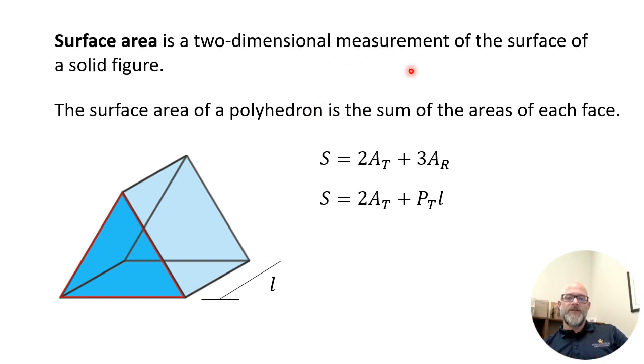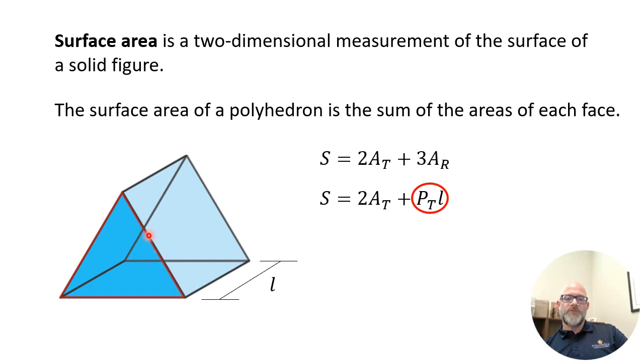Surface area is still the area of 2 triangles. 2 A sub t means 2 areas of triangles. That's the base and the base, the 2 triangles. But then this right here is odd, right? P sub t times L stands for perimeter of a triangle times the length. This is the length. Perimeter of a triangle, what does that mean? That means the length of the outer portion of the triangle.